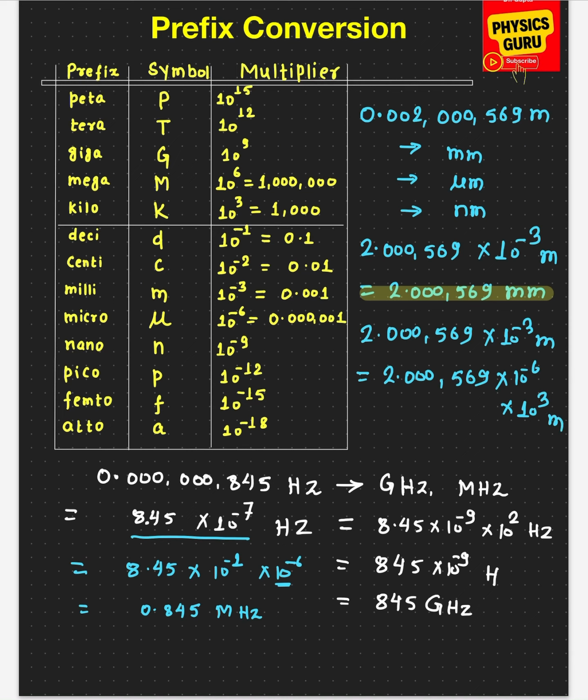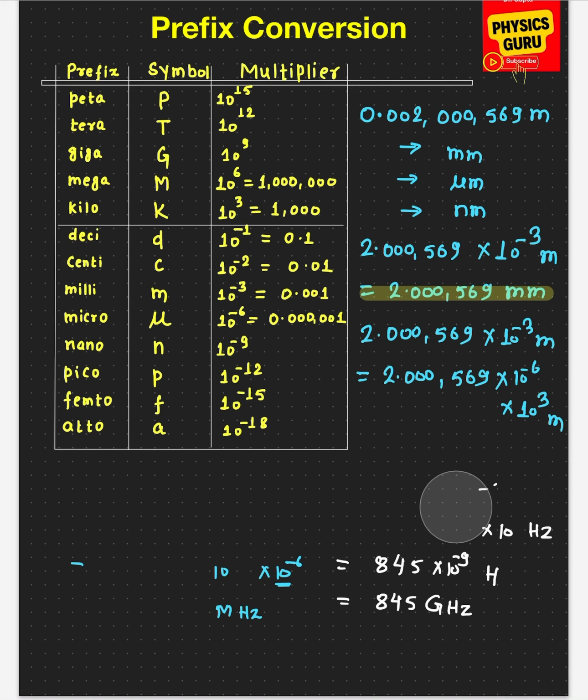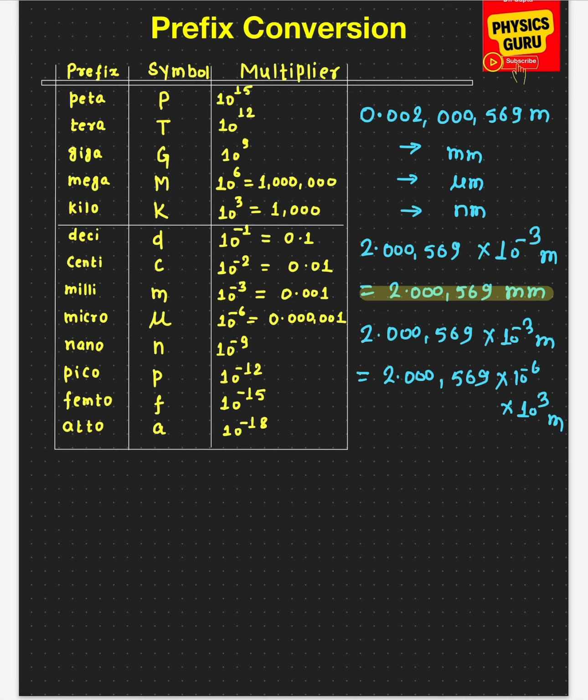So let me make a little bit of space here. I'm going to simply clear these things. So now it's much easier. 10 to the negative 6 is micro. And now you have 10 to the 3. What does 10 to the 3 mean? That means you have to multiply this one by 1000. 10 to the third always means 1000.